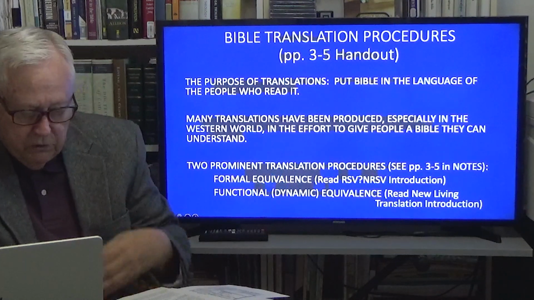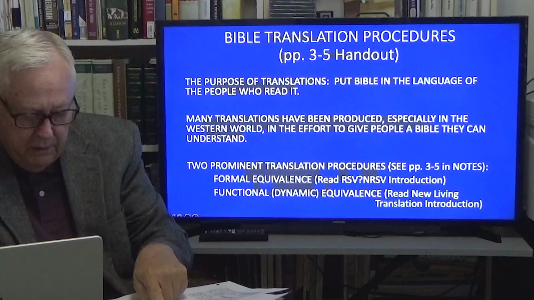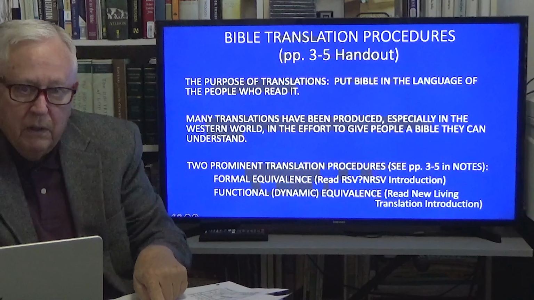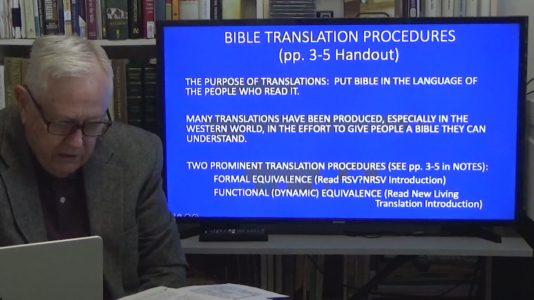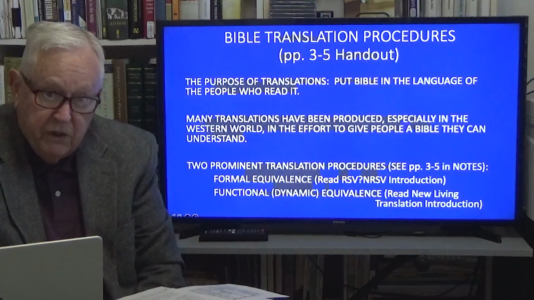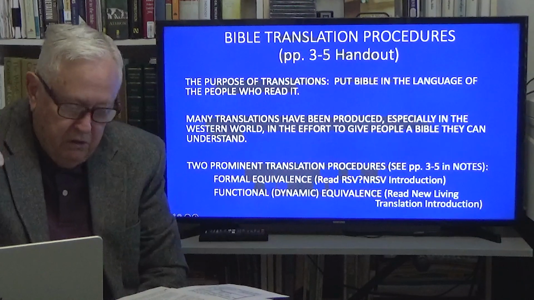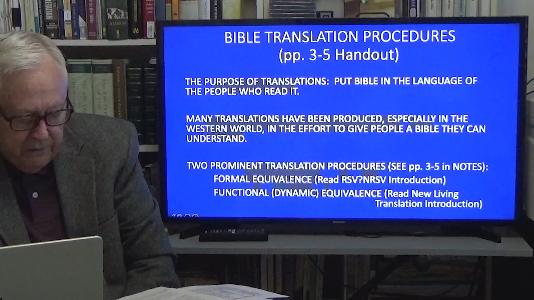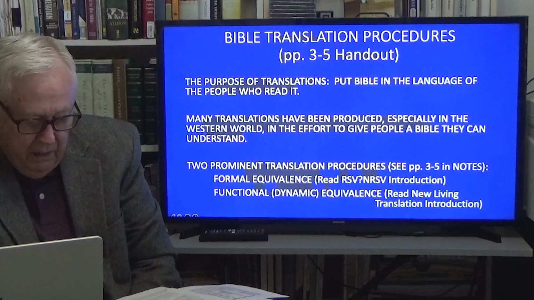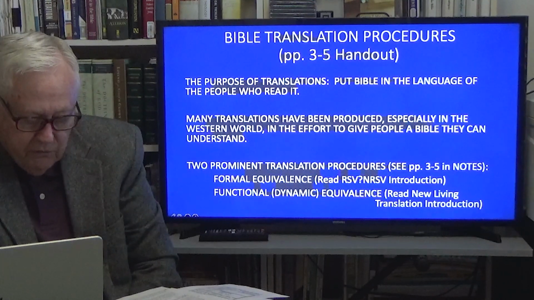You should make a note there on page 3 under NASB in point A. The Legacy Bible is another one in the train, and it's a redoing of the NASB. And they've done some interesting things. Read the introduction to the Bible to learn what it's about. Now, all but the ESV had used the King James Version.